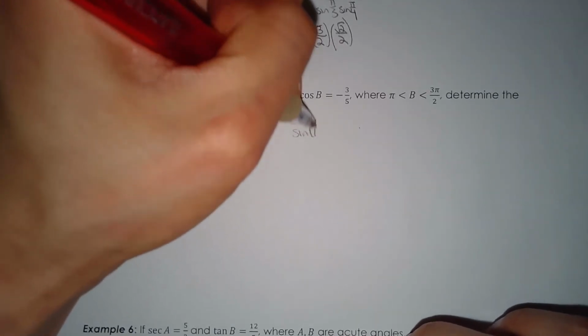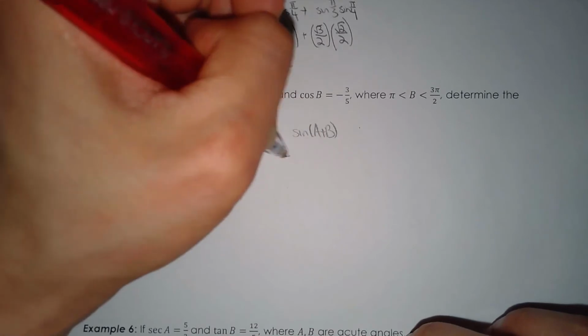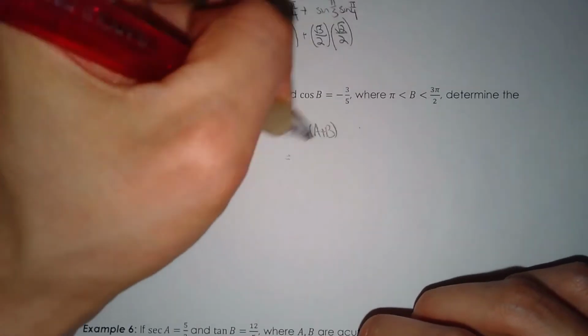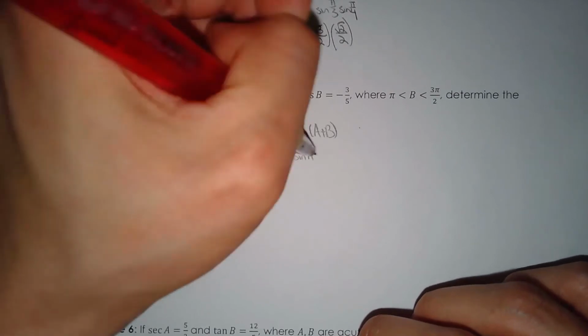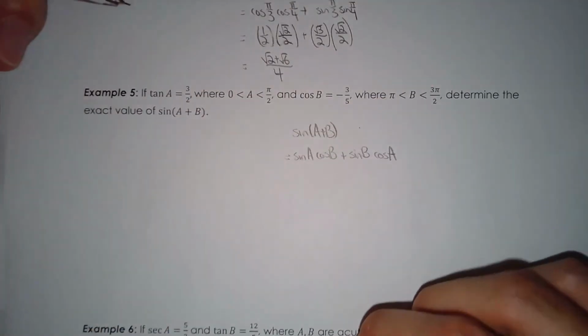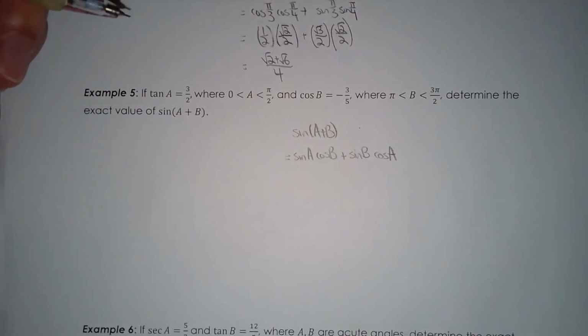So sine of A plus B is equal to, well, you just need to know your addition formula for sine. Sine A cos B plus sine B cos A. Well, if I knew what these four ratios were, then I'm done. Unfortunately, I only know one of the four. Well, that's not that bad.